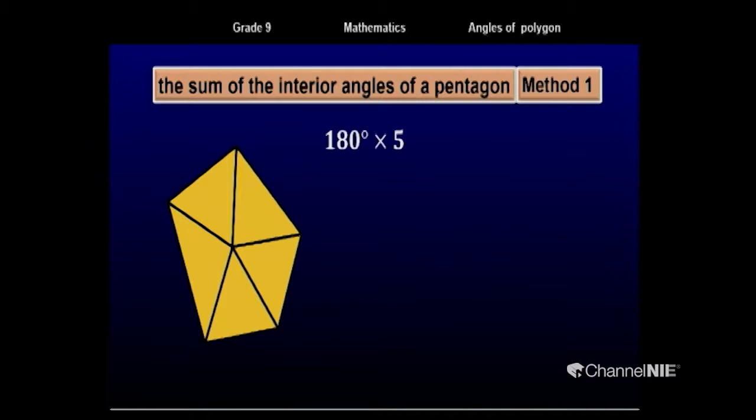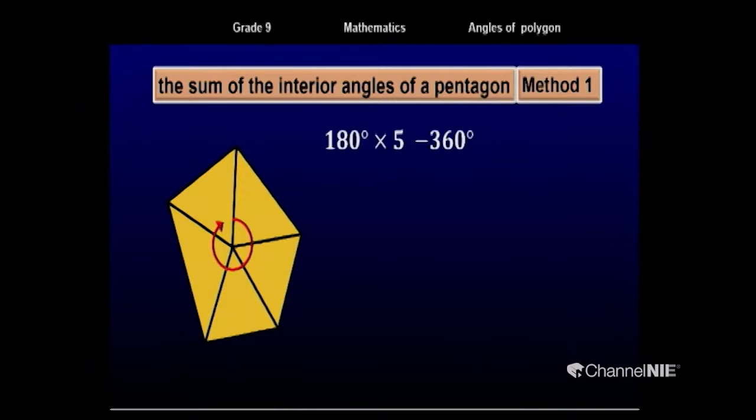But when we consider that point, the angle around the point is equal to 360. So we have to remove this 360 from that value. So the sum of the interior angles of the pentagon is 180 into 5 minus 360.